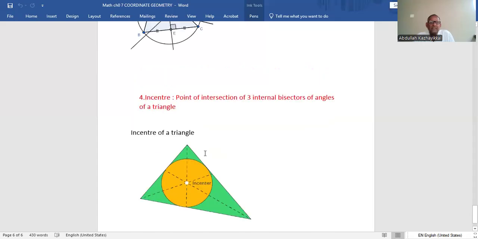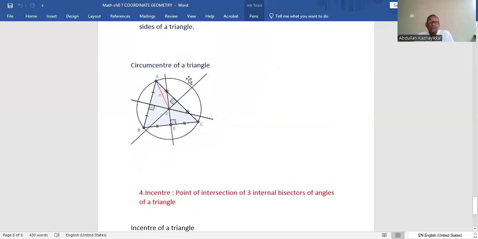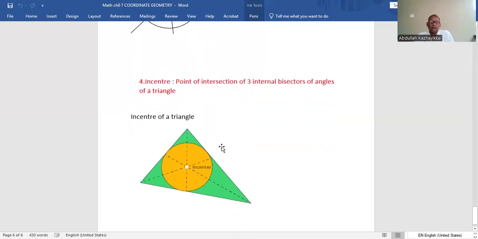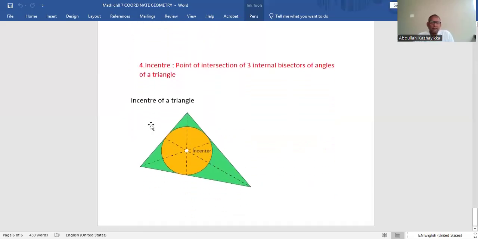Radius is the distance. But in circumcenter, the radius is from the center to the vertex, so the circle touches the triangle from outside. That is the triangle inside the circle.